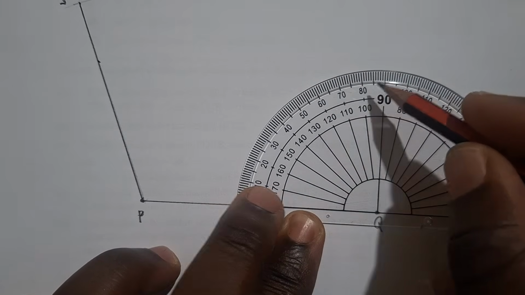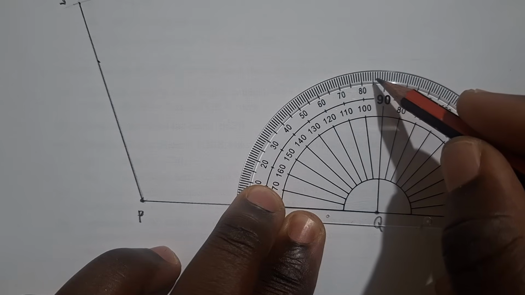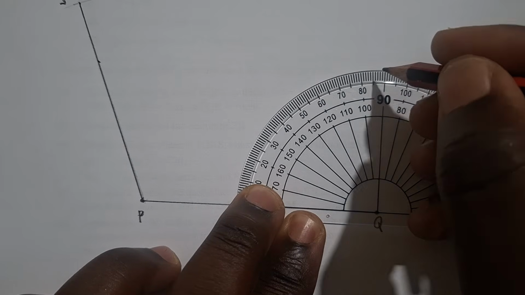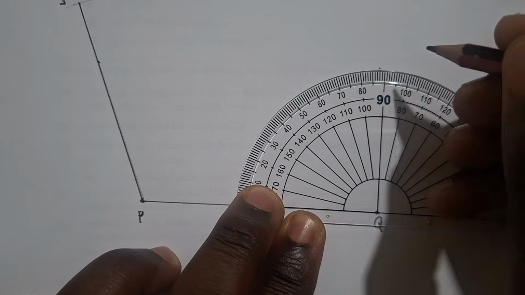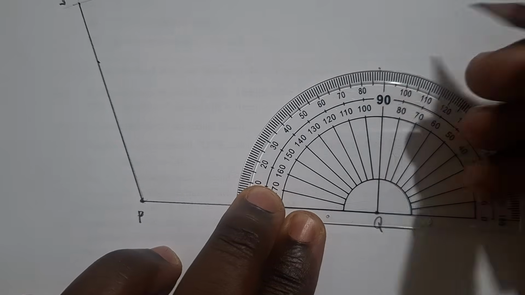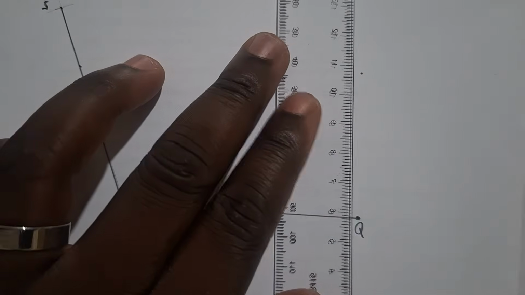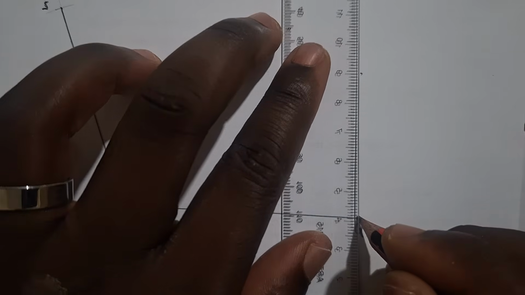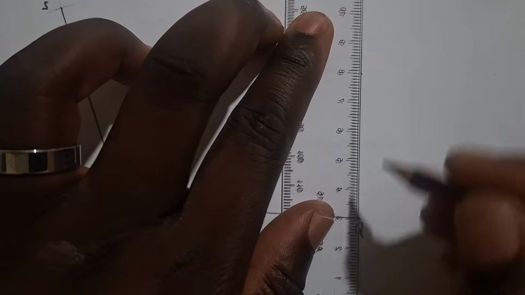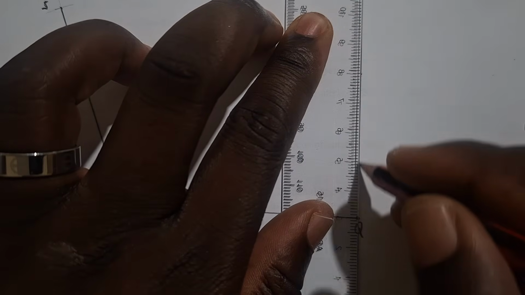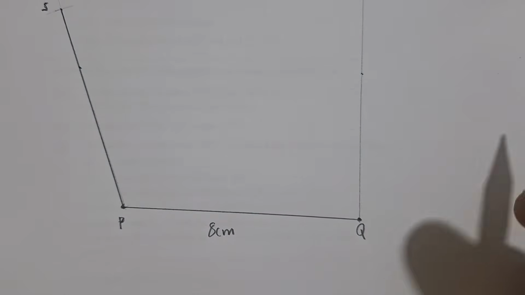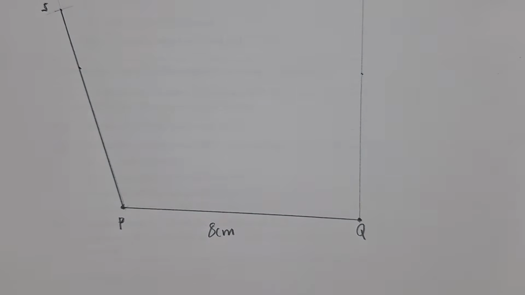So you go, this is 80, 85, 86, 87, 88. It's right over here. That's where 88 is. So get your ruler. You do a faint line also here. Very important to do a faint line. We don't know where R is. So you just do a faint line.